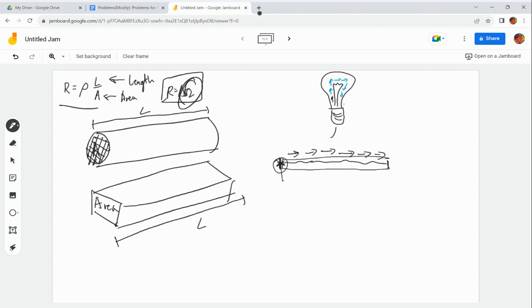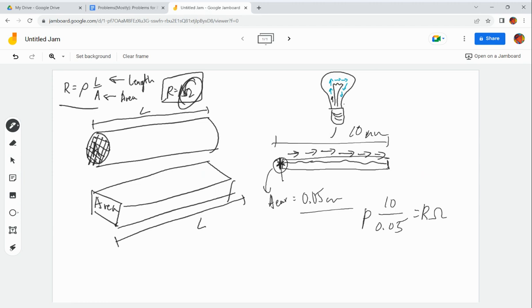Let's just say the area equals 0.05, and the length over here is 10 or something like that. You can obviously see that's going to be an insanely big number for the resistivity R, with the rho, which is defined by the material.